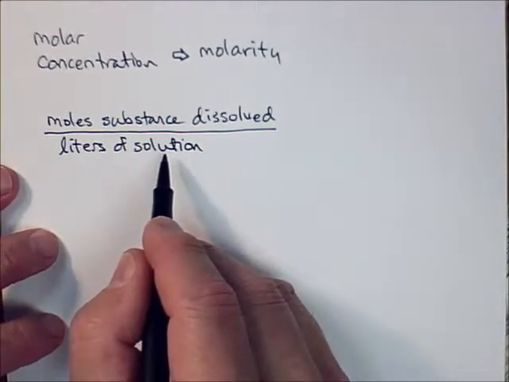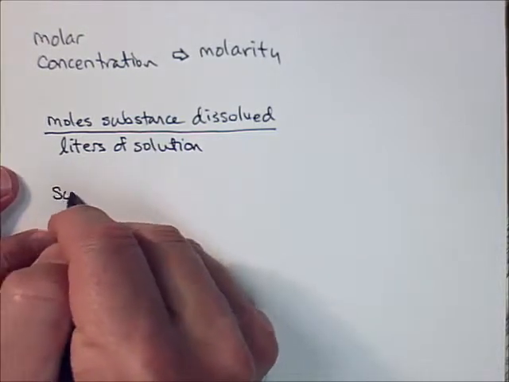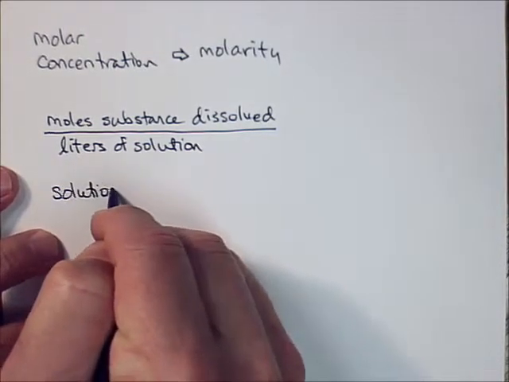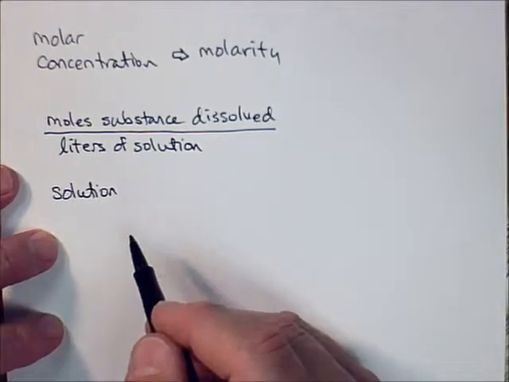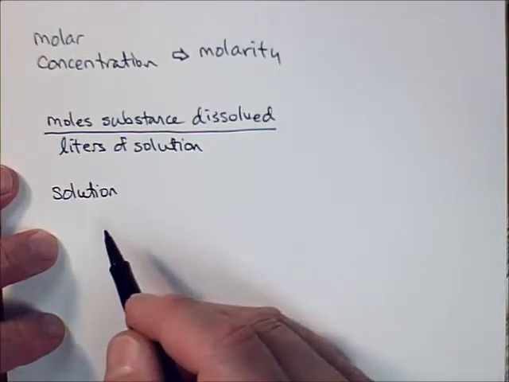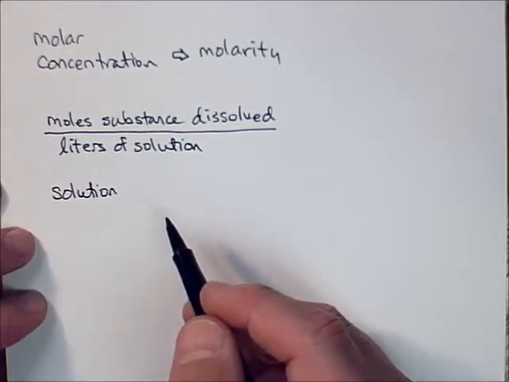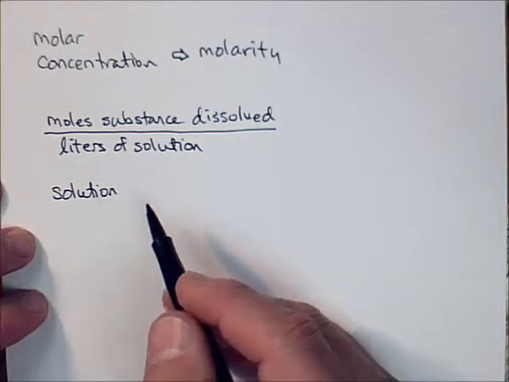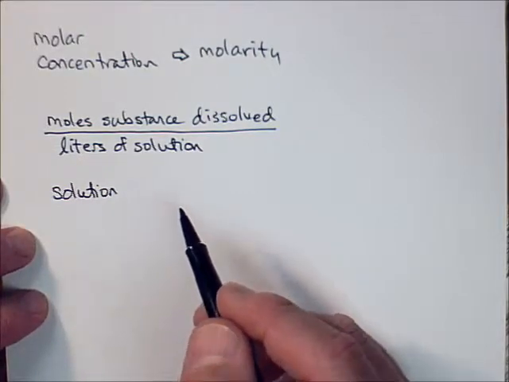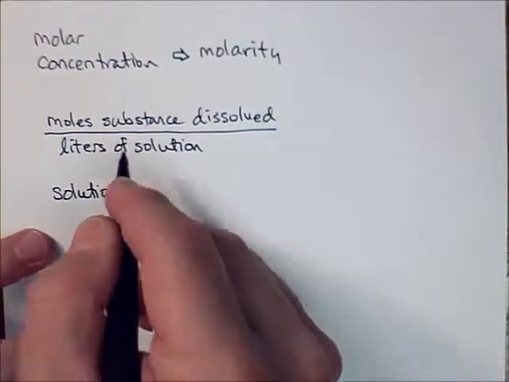So let's further define what solution means, just to be clear. A solution is both the stuff that you dissolve and the part of the solution that does the dissolving. If I'm dissolving sugar in water, the thing that gets dissolved is the sugar. The thing that does the dissolving is the water. And there's a word for that too.